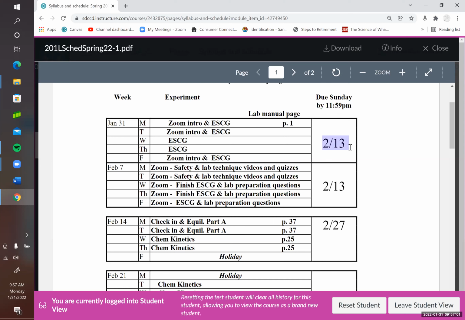So here, electronic spreadsheet and computer graphing due by the 13th, and you need to view those videos and take that quiz before the 13th. So you'll be ready to enter and do the kinetics lab when we get back to class on the 14th.